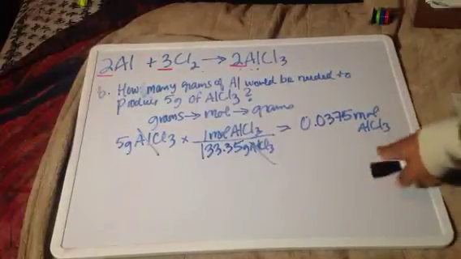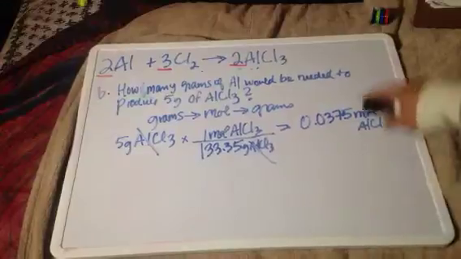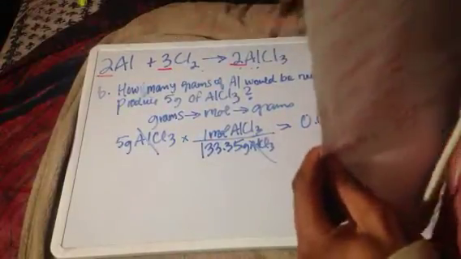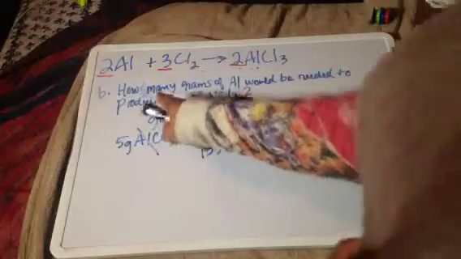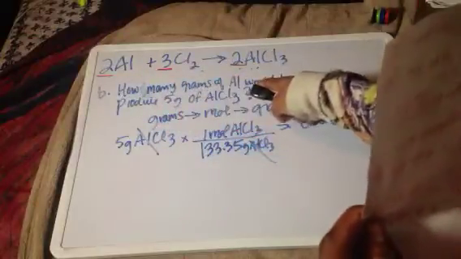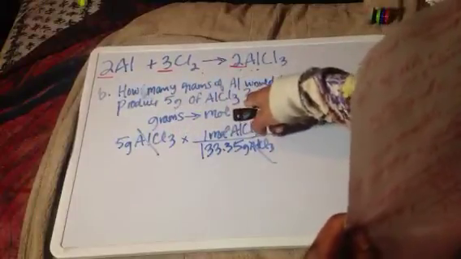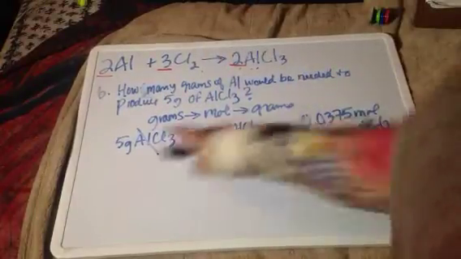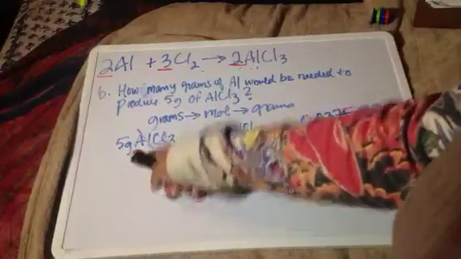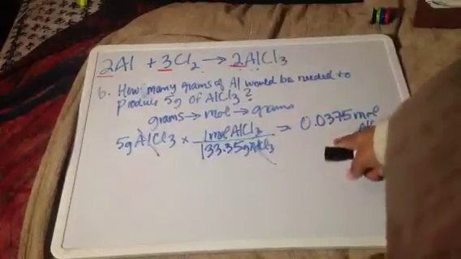Now that we have this in moles, we can relate it back to this equation. Let's revisit the question: how many grams of aluminum would be needed to produce 5 grams of aluminum chloride. This number represents our 5 grams of aluminum chloride converted into moles.